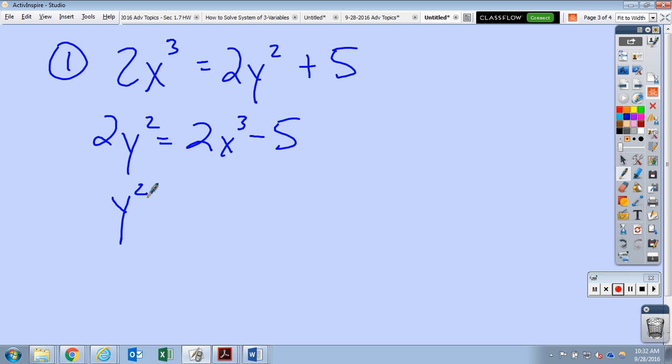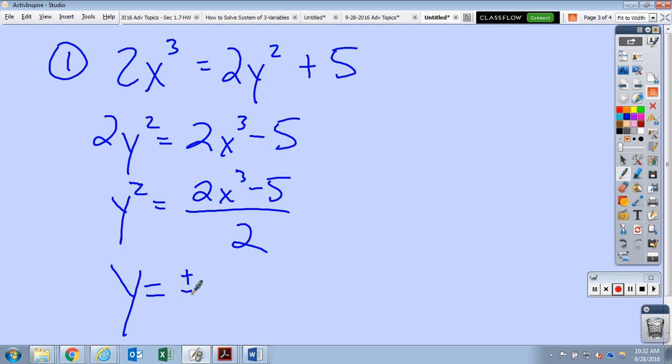So y squared is equal to (2x cubed minus 5) all over 2. And therefore y is equal to, because it's an even power here, plus or minus the square root of (2x cubed minus 5) all over 2.